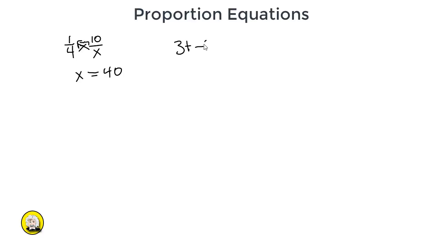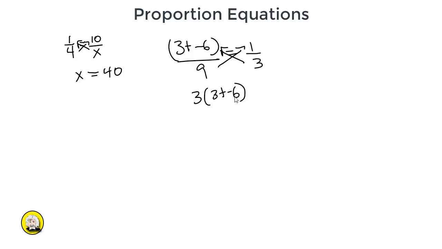3t minus 6, quantity over 9, equals a ratio of 1/3, or 1 to 3. So how would we solve that? Well, again, our first step is to cross multiply. And the result would be 3 times 3t minus 6.